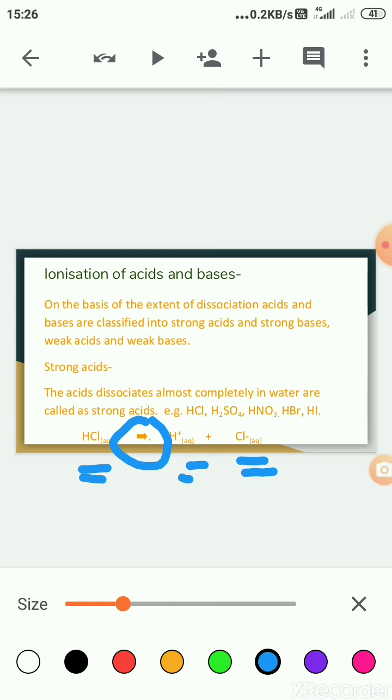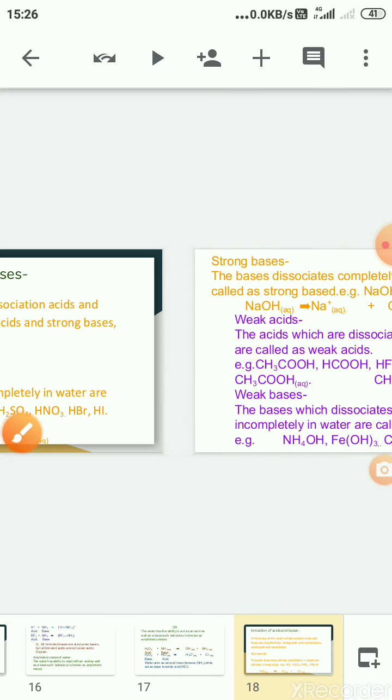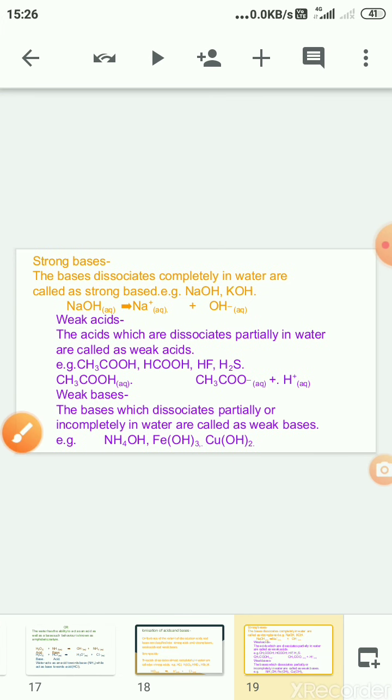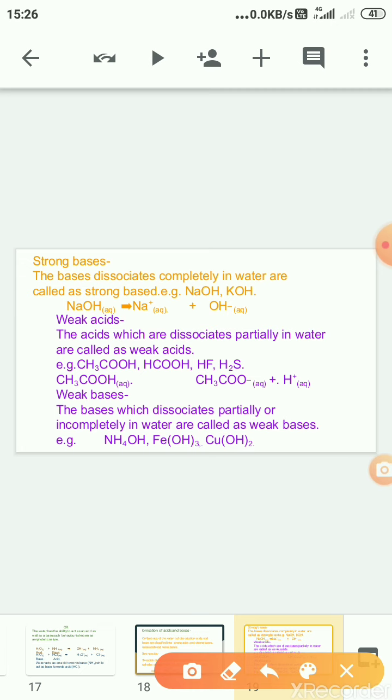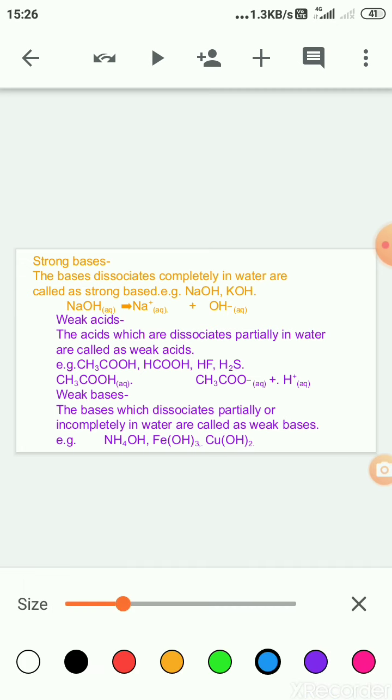We can apply the same concept to strong bases like KOH and NaOH, potassium hydroxide and sodium hydroxide. Sodium hydroxide on dissociation gives Na plus and OH minus ion, and as it dissociates completely, it is denoted by a single arrow in the forward direction.